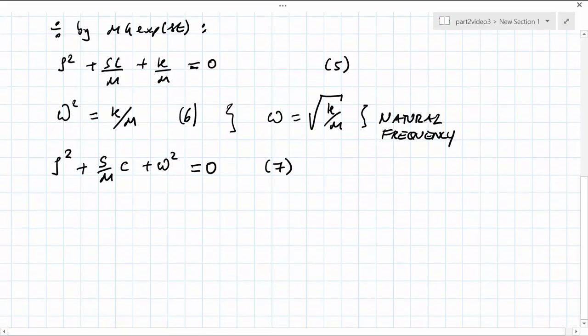We can see here that this is a quadratic equation, so we have two possible solutions, s1 and s2.